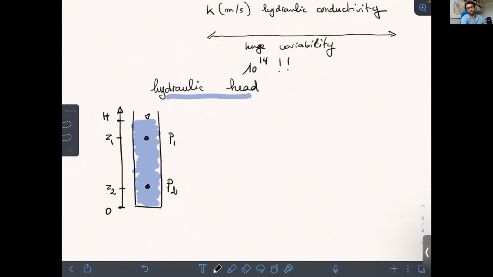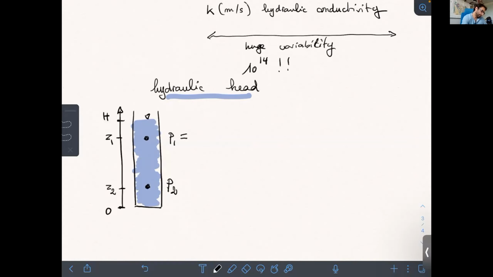So what is the pressure at these two points? Any idea from the students? How do I calculate the pressure of these two points? Rho G H. Yeah, very good.